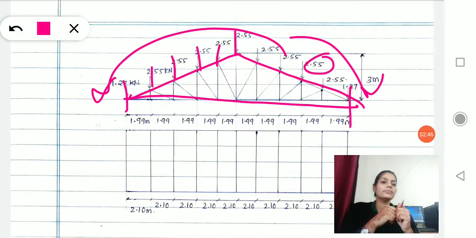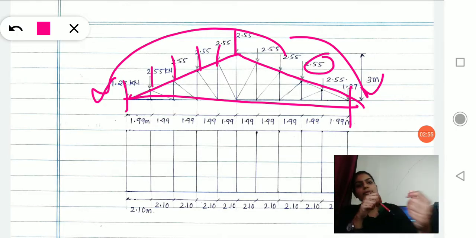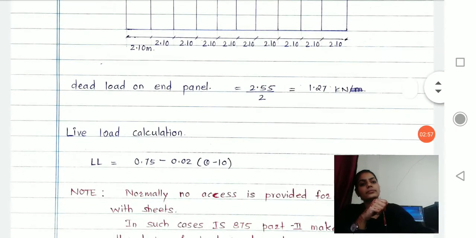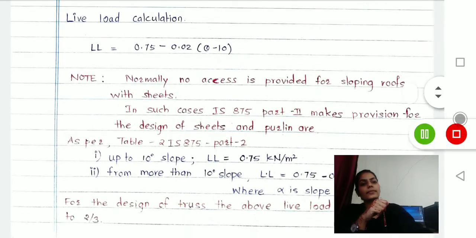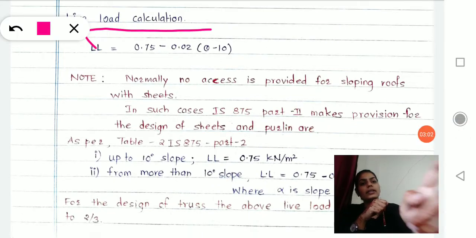Next are the steps to calculate live load. Let's go ahead. See here, I have written one formula for live load.